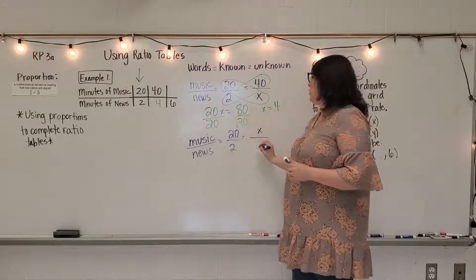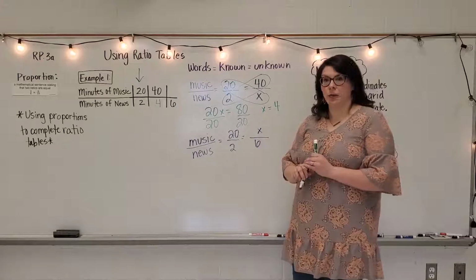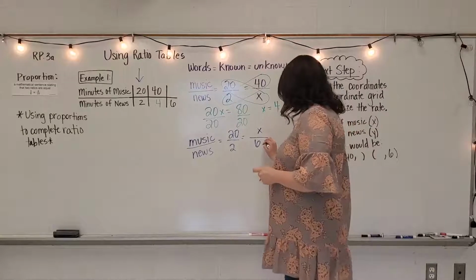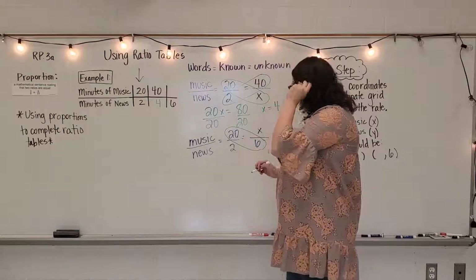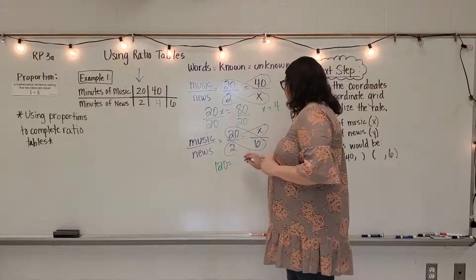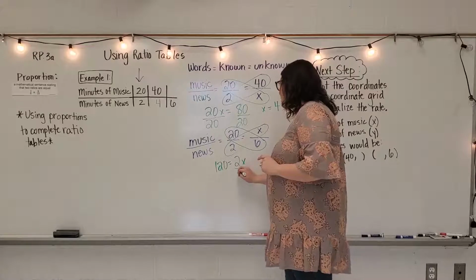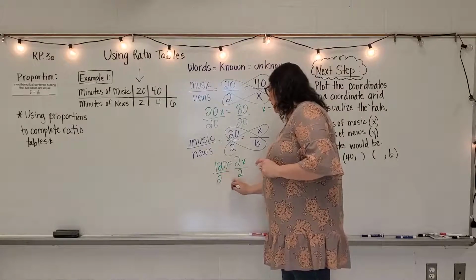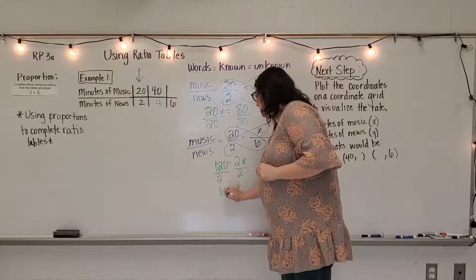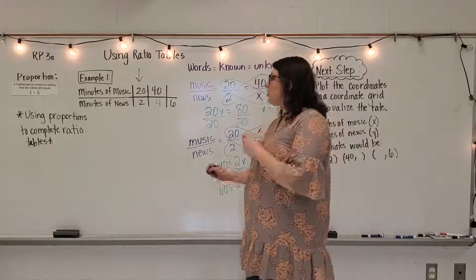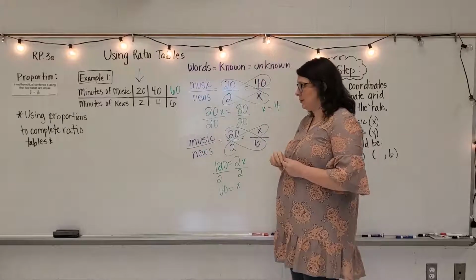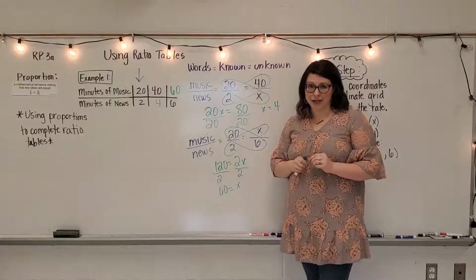But we do know that we're using 6 minutes of news. Okay, that's what we're listening to. We're going to do the same thing. We're going to cross multiply. 20 times 6 is going to be 120. 2 times x is going to equal 2x. We're going to divide both sides by 2 to get x by itself on one side. And 120 divided by 2 is going to be 60. So to complete this chart, we're going to listen to 60 minutes of music compared to 6 minutes of news following the same rate. Okay?